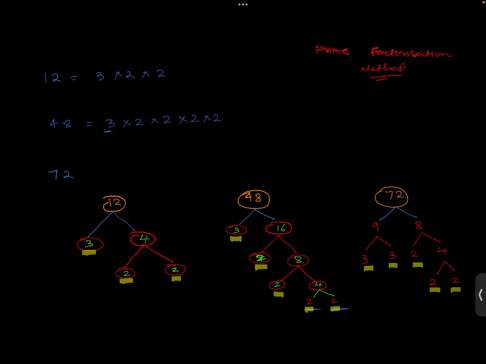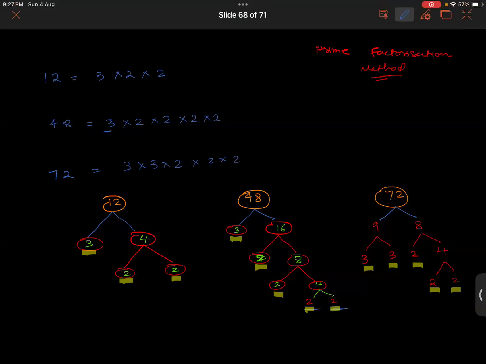Good. What about 72, Sumaya? What do I write over here? Starting from 3. 3, then 2, 2, 2. Very good. Now basically circle out the common factors.